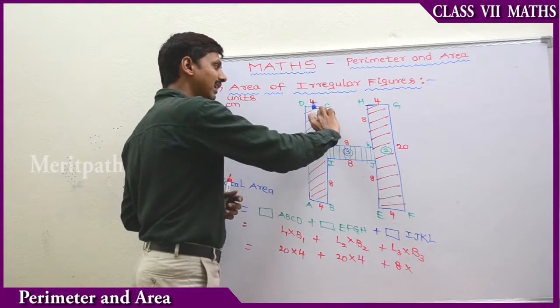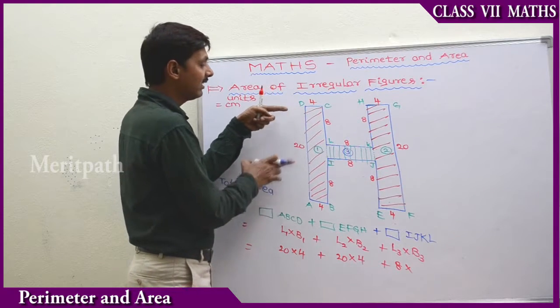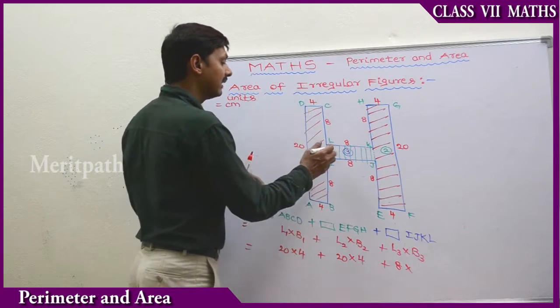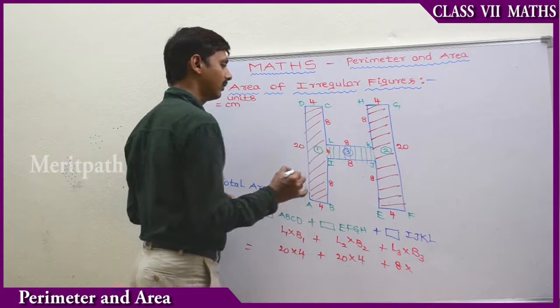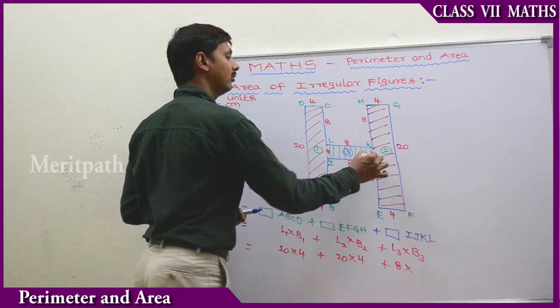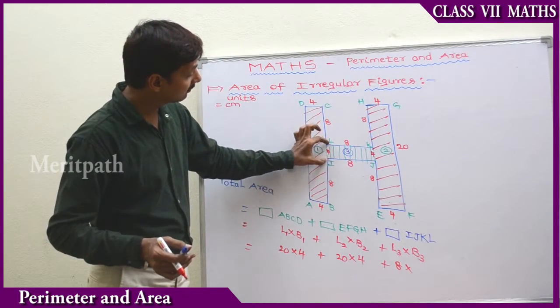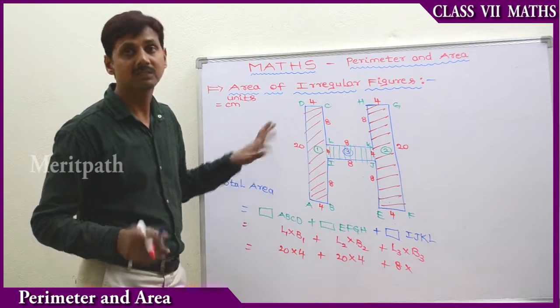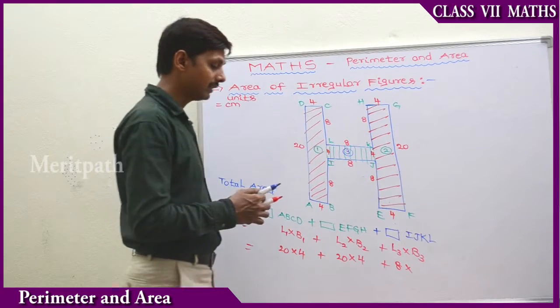So 8 and 8 is 16, total is 20, and 20 minus 16 is 4. Verifying, 8 plus 8 is 16, 16 plus 4 is 20, so 20 is verified. So the breadth of this third rectangle is 3 units.